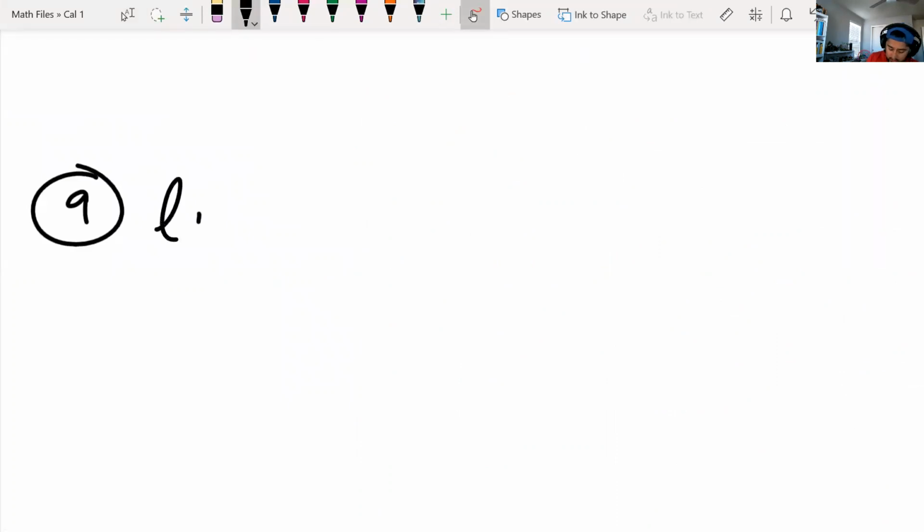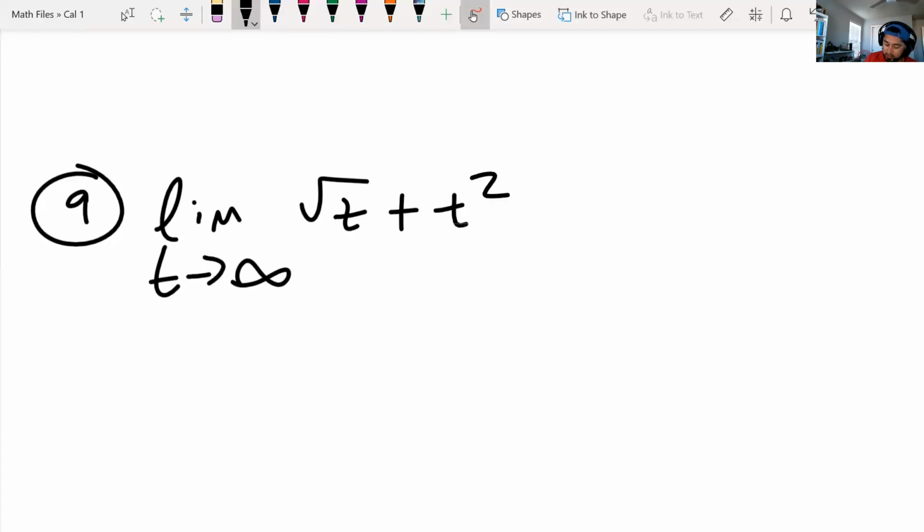You have the limit as t approaches infinity of the square root of t plus t squared over 3t minus t squared. Okay, so for this one, we do the power trick. What is the highest power of the denominator?